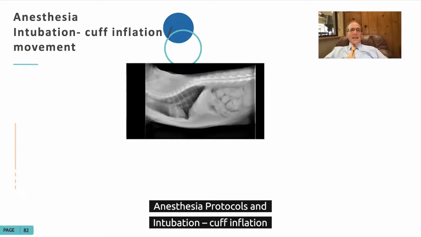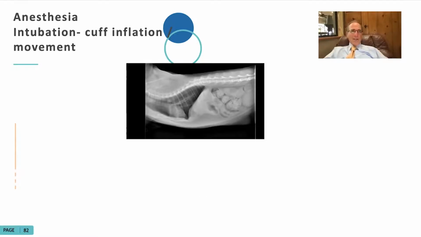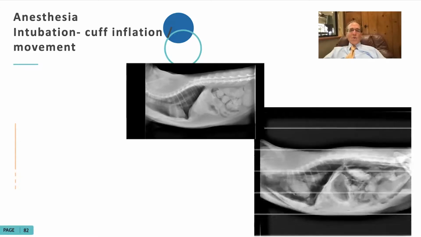So anesthesia is important when you start to take out these teeth, and intubation and cuff inflation is important. However, this is real important. This is a major go-home point. Anytime you move the cat from side to side, you want to disconnect the endotracheal tube, and you don't want to super inflate the cuff, because if you do that, what you can cause is a tracheal tear.